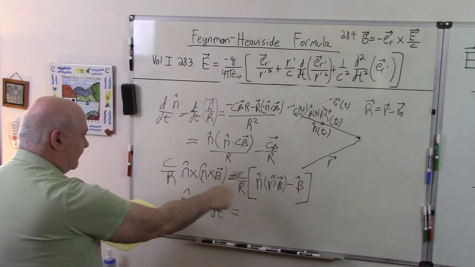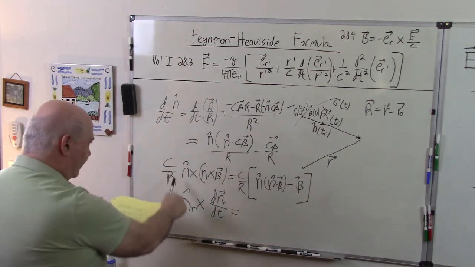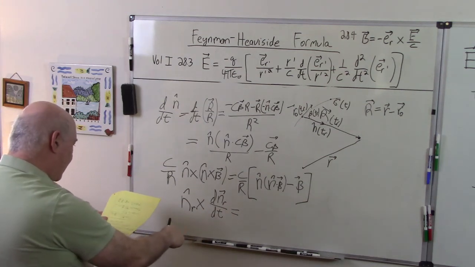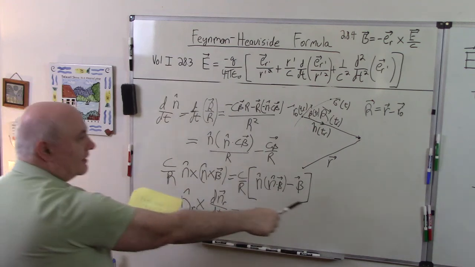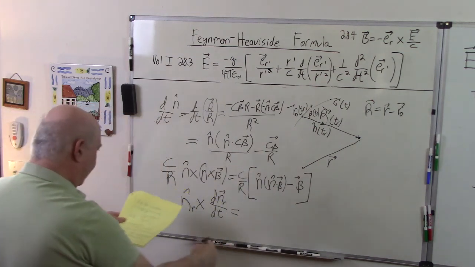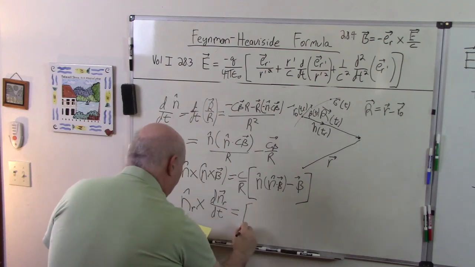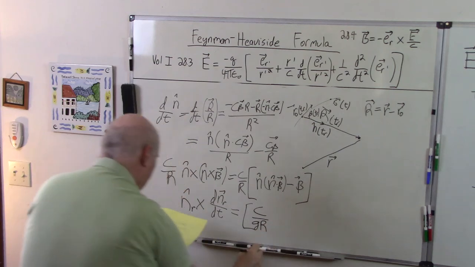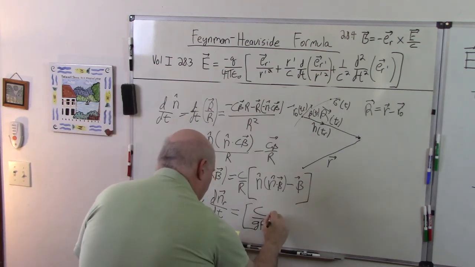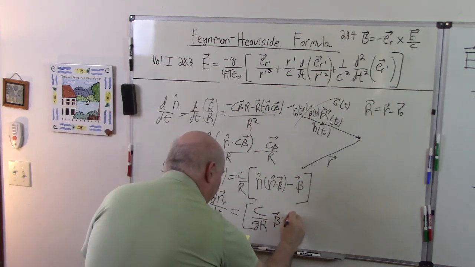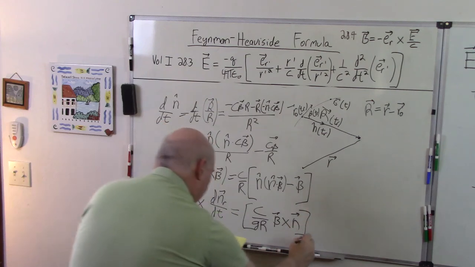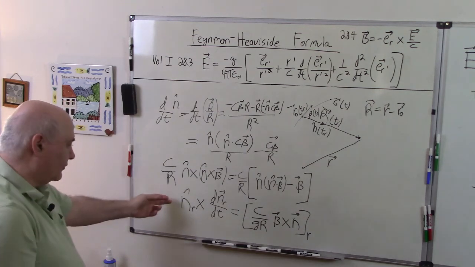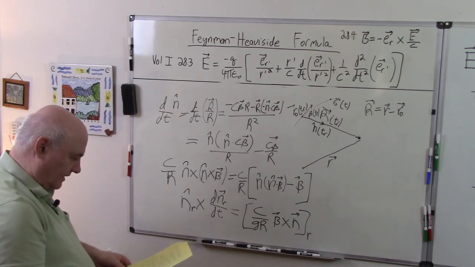This just applies from using a lot of vector identities, the standard identity for the triple cross product, and then substituting in some of these derivatives with g_r and everything, you'll end up with c over g_r, beta cross n, retarded. So this will be useful for the magnetic field one.